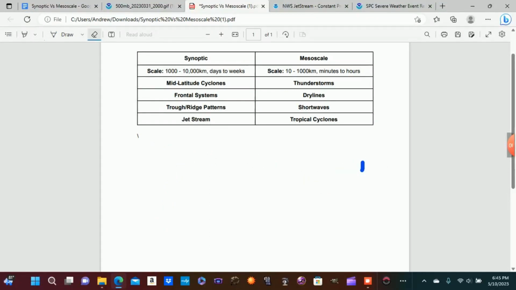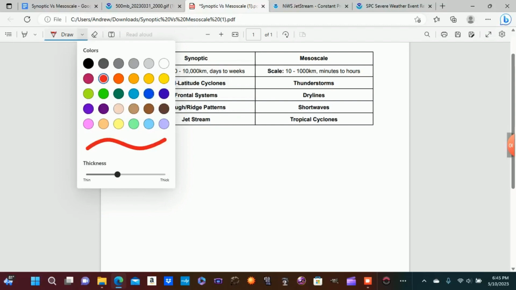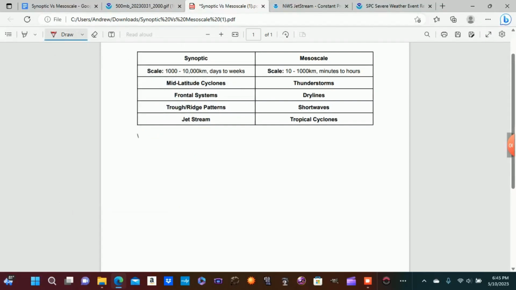So now let's look at the mesoscale and talk about that briefly. The first example we have are thunderstorms, which can be in the form of supercells or something like a line of thunderstorms, or like a squall line.